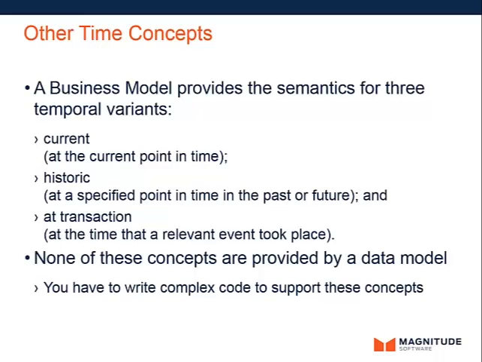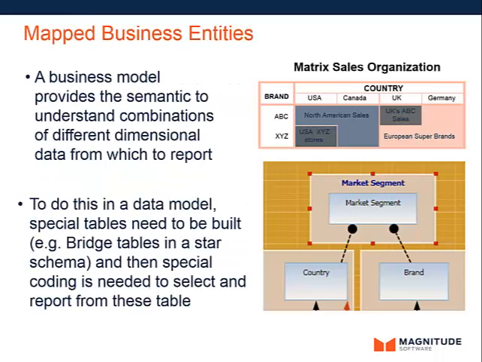The final semantic that I want to show you is one that we called mapped business entities. And to illustrate this, I'm going to show you the market segment, a market segment which is based on country and brand. So it's got two combinations from two different aspects of the model. And if you look at the matrix of the market segments, you'll see that XYZ brand is in the USA.